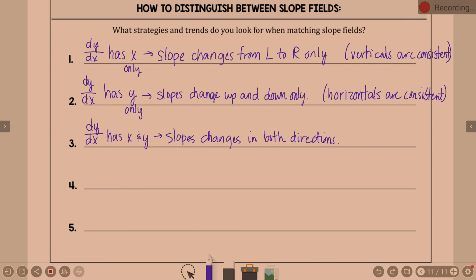I have that written here: find what conditions will make dy/dx less than 0 or dy/dx greater than 0. As in what conditions make your slope negative and what conditions make your slope positive.